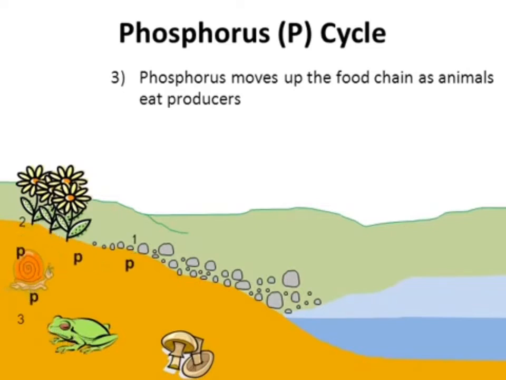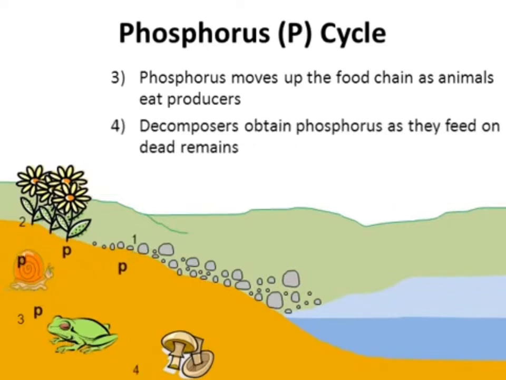So now that the phosphorus is in the plants, the phosphorus simply moves up the food chain. In our animation, we have phosphorus going from the flower to the snail, because a snail eats leaves and flowers and plants. In the next part of the animation, we have phosphorus going from the snail into the frog, because a frog can eat a snail. Phosphorus is simply moving up the food chain.